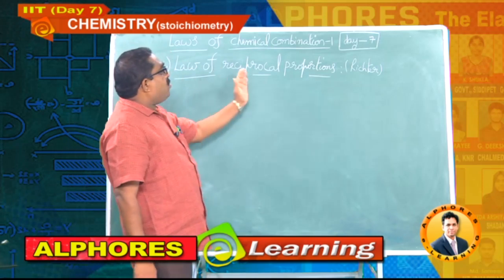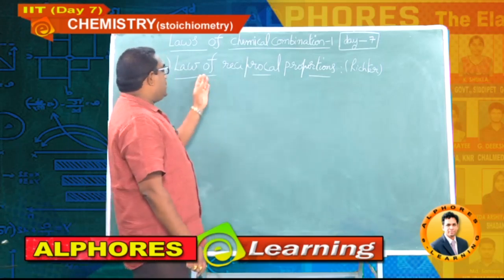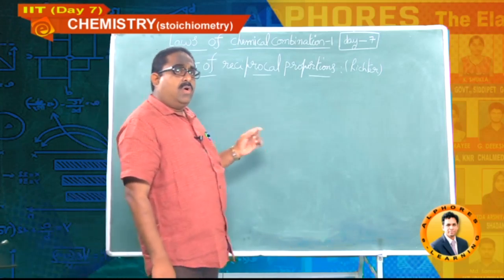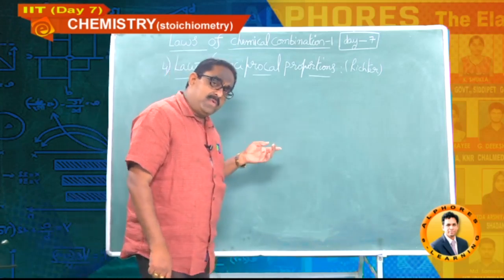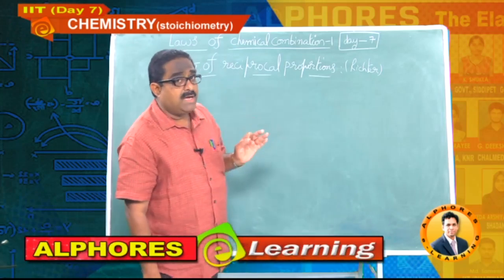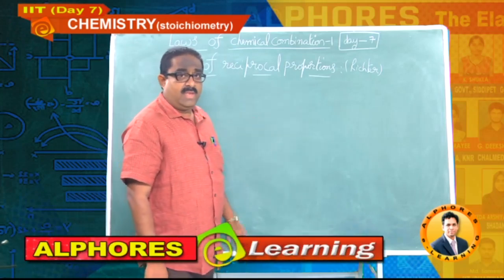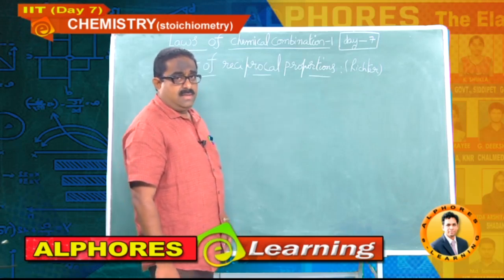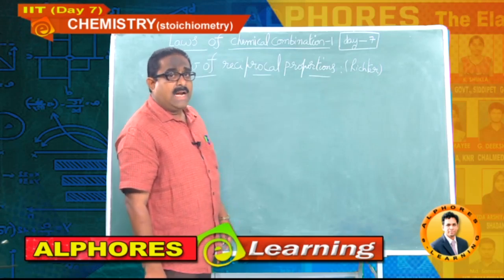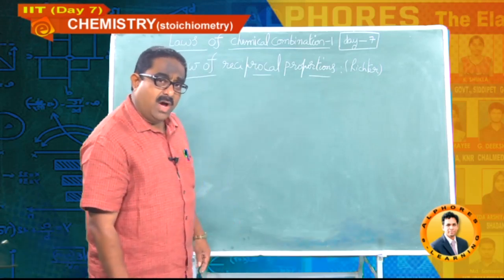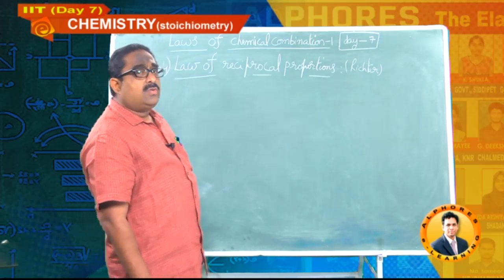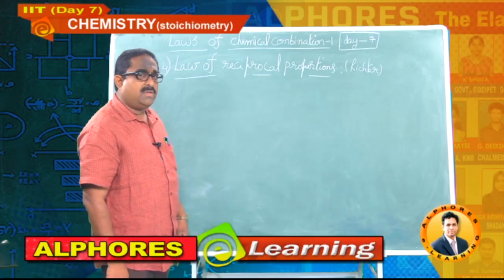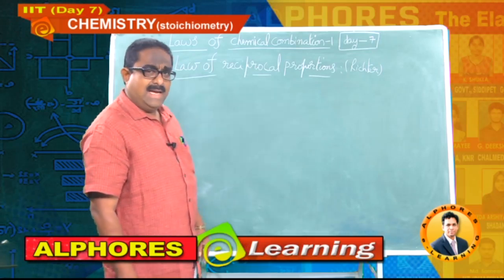Now before going to this law, both law of definite proportions and law of multiple proportions have a common limitation. If different isotopes of elements are involved, those two laws, that is law of definite proportions and multiple proportions, cannot be applied directly.